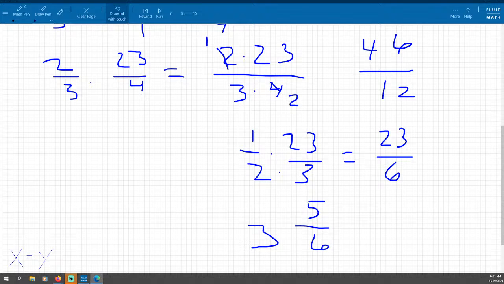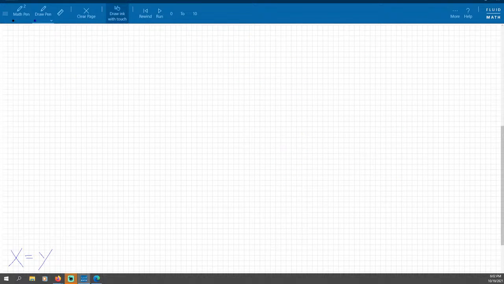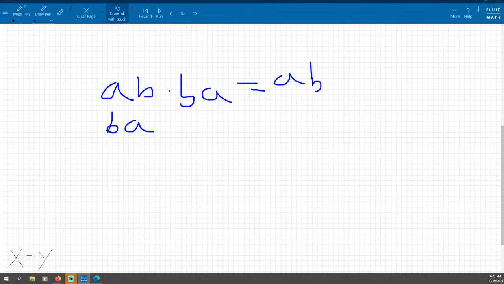So now we want to know what a reciprocal is. Two real numbers whose product is 1 are called reciprocals. Therefore, a over b and b over a are reciprocals because a over b times b over a equals ab over ab, which equals 1.